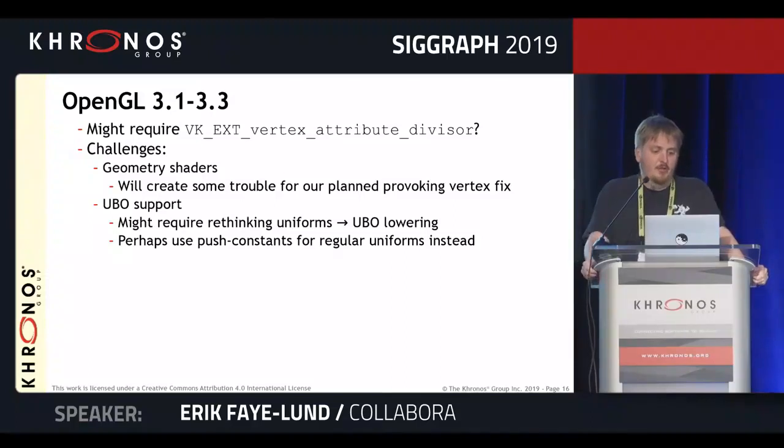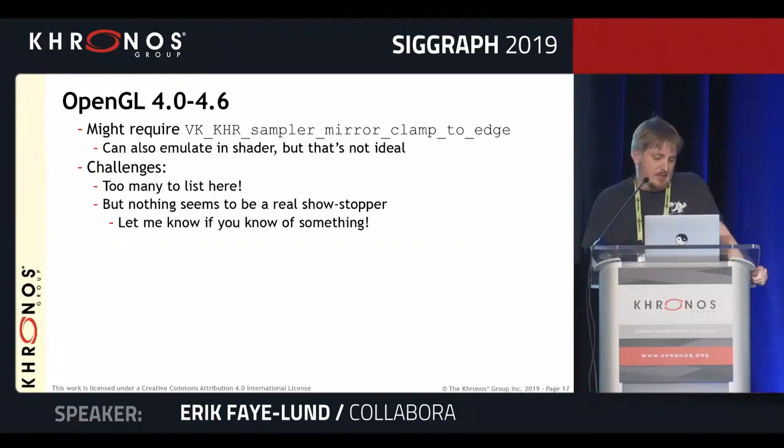For OpenGL 3.1 to 3.3, there's some stuff to be done: geometry shaders and UBOs need work. OpenGL 4 to 4.6 has a bunch of challenges, but I can't really see anything that's a huge showstopper. It might need some boring emulation here and there.